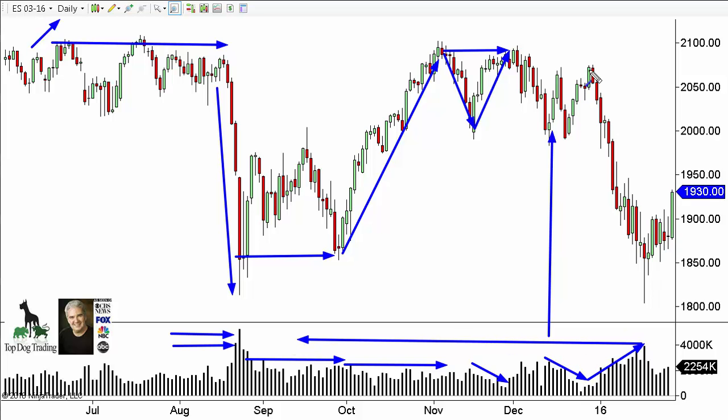Well, that happens right here. That move starts there. And so once again, we get a nice move of volume. Remember, it's an increase in volume even though price is going down. So you don't necessarily want the volume histogram moving in the same direction as price. If you want to see a strong move, you just want to see good volume.